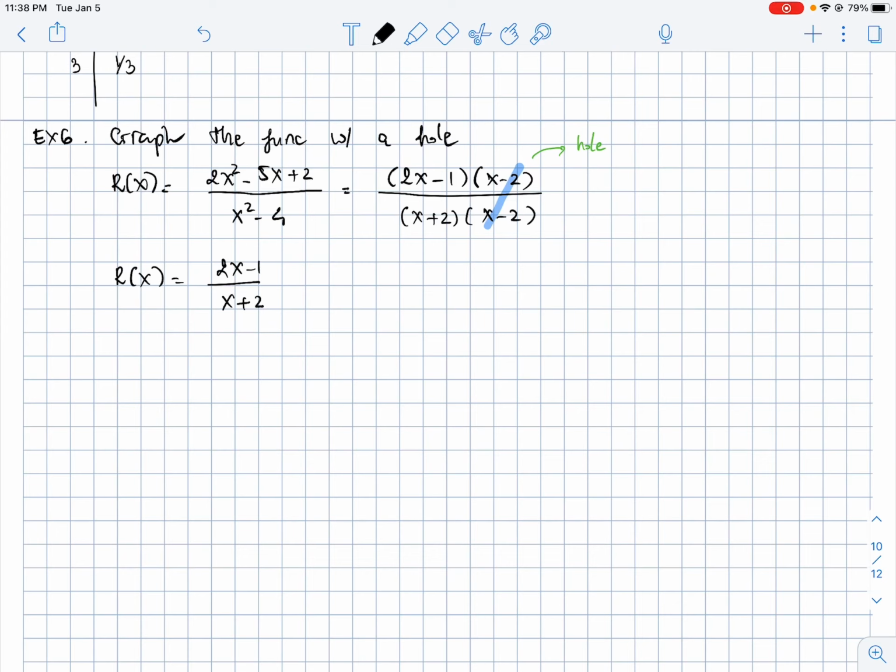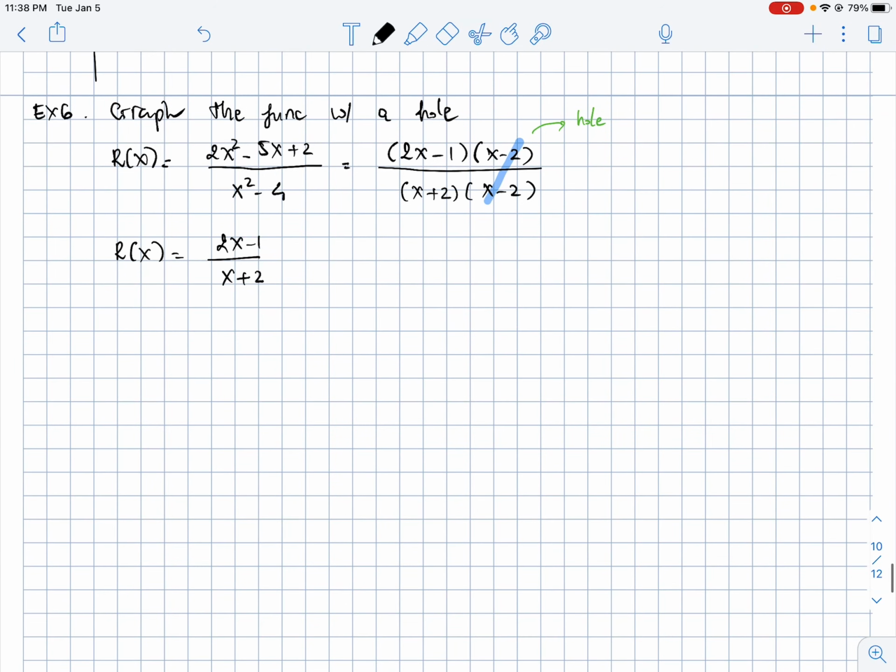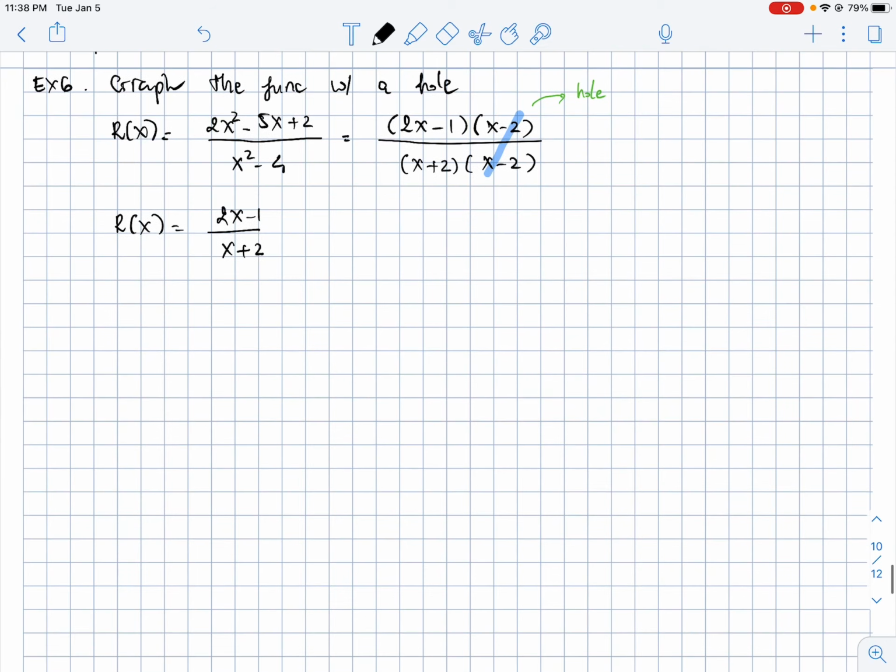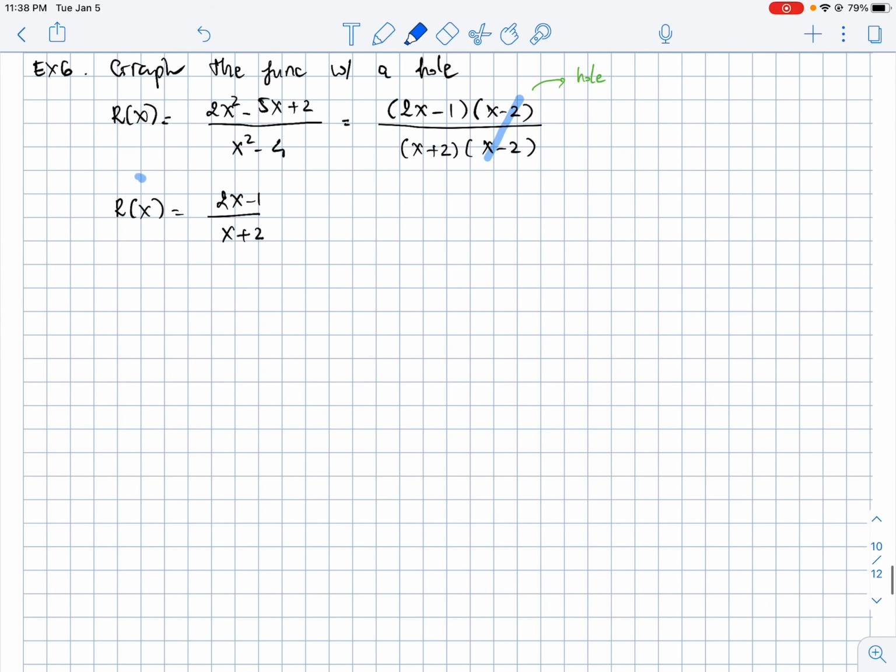So you will continue to wrap the function r of x in the simplified form. At the end, you will plug in the hole. You do not need to go back to the original function. Okay, we will continue to make the wrap from the simplified form.